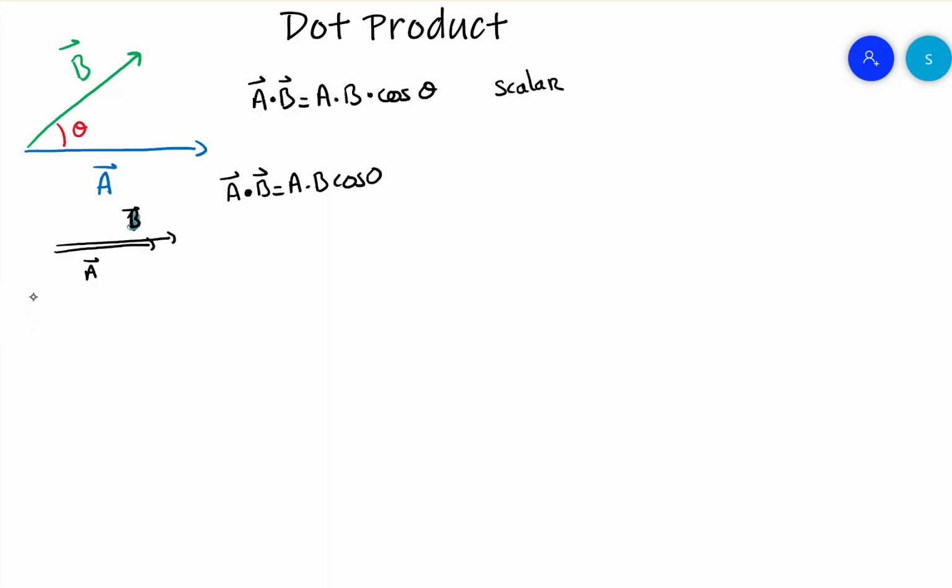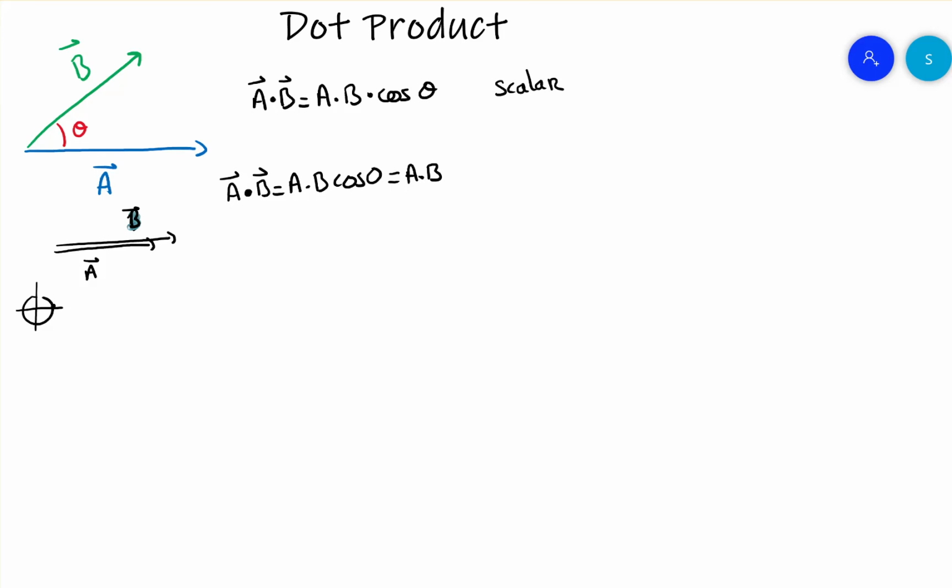And cosine 0, from the trigonometric circle, is 1. So it's equal to A times B. If two vectors are collinear, the dot product is just the magnitudes multiplied together.